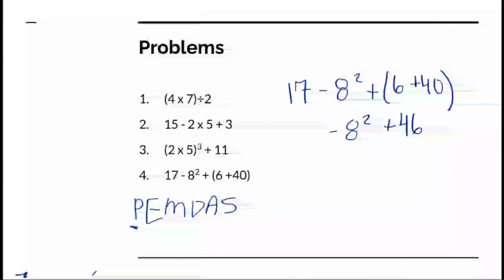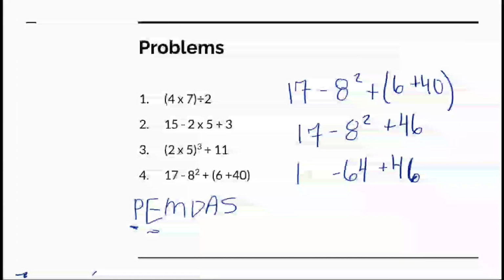Bringing down everything else. Now we need to look at exponents. So this middle term is 8 to the power of 2. Let's see, 8 times 8. That's 64. So we now have 64 plus 46.